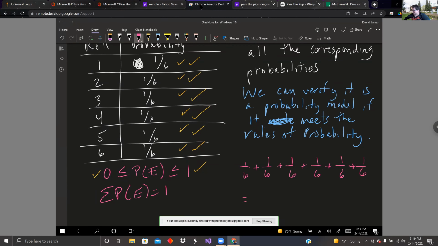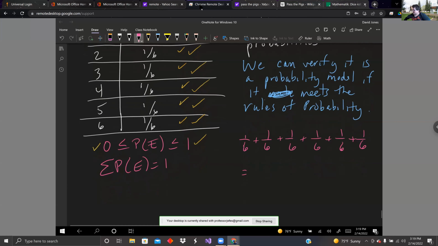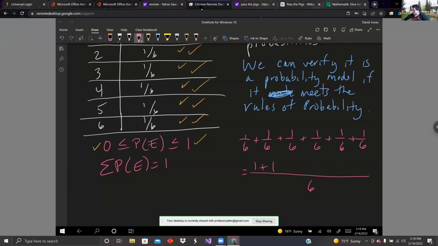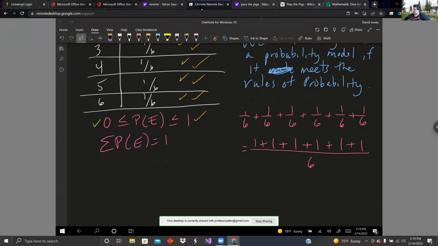As a reminder, when the denominators are all the same, you can use just one denominator and treat that as adding up the numerators, which in this case are all 1s. And that many 1s adds up to 6. 6 over 6 equals 1. So that condition is met. This is a probability model.